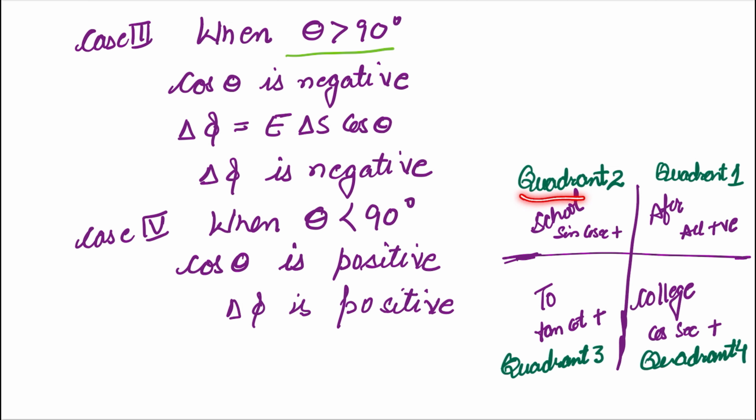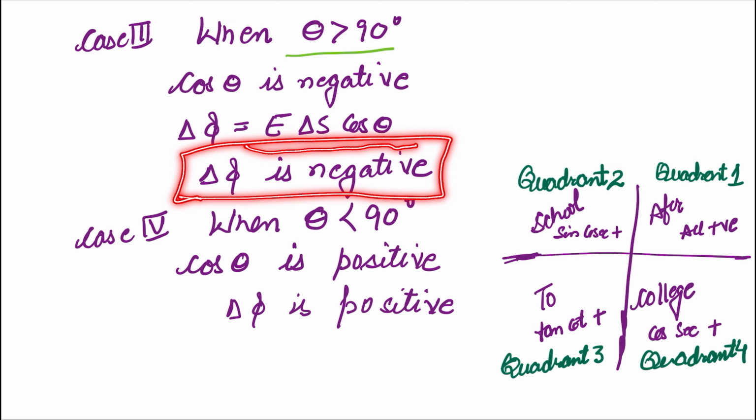In the second quadrant, only sine and cosecant are positive. In the third quadrant, tan and cot are positive. And in the fourth quadrant, cos and sec are positive. So for theta greater than 90 degrees, E delta S cos theta, the electric flux, is going to be negative. Delta phi will be negative.